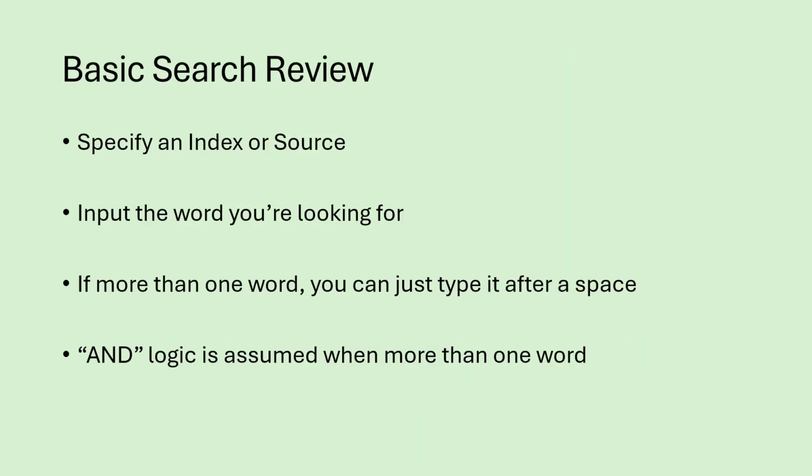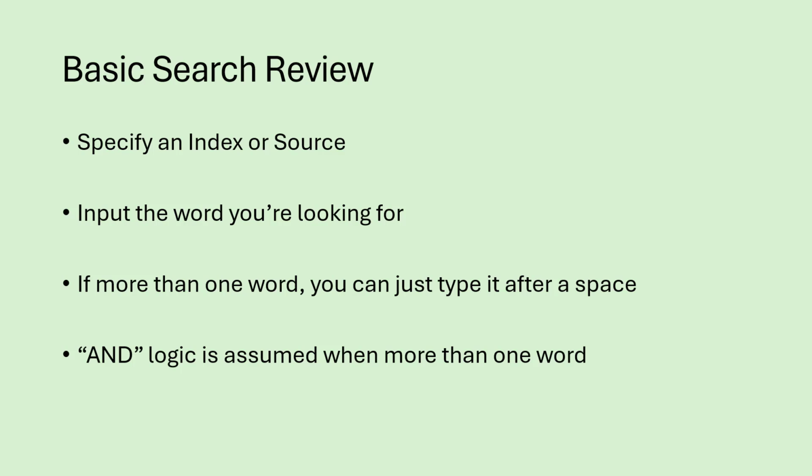So if we remember our basic search, the way we learn how to search only by using keywords, what we typically do is we specify an index or source so that we don't go to the default index, so that we know where we're looking.